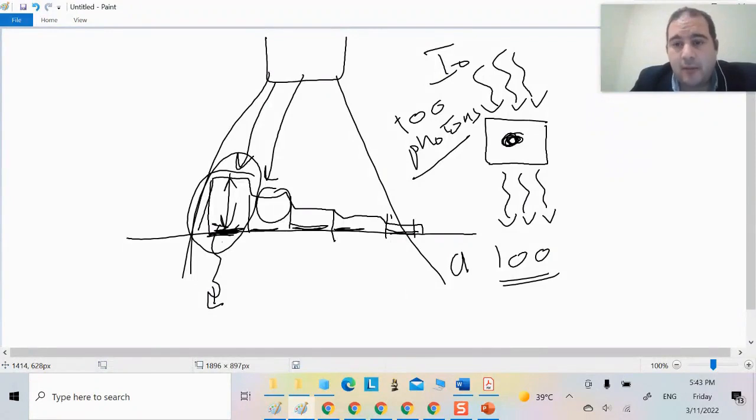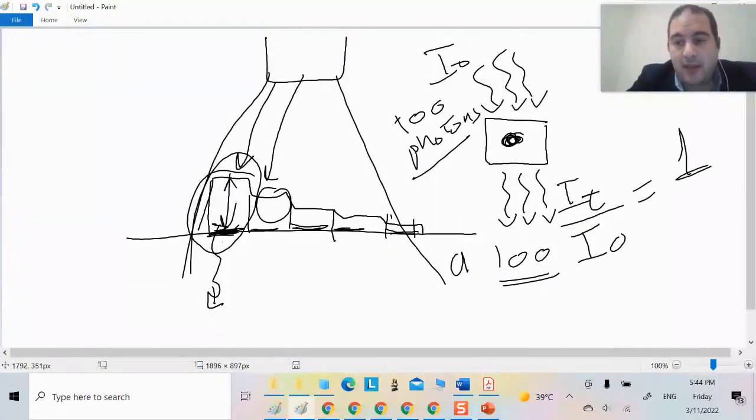So the transmitted over I-node equals 1, correct? Here, transmitted 100 over incident 100 is 1. I call this transmittance.